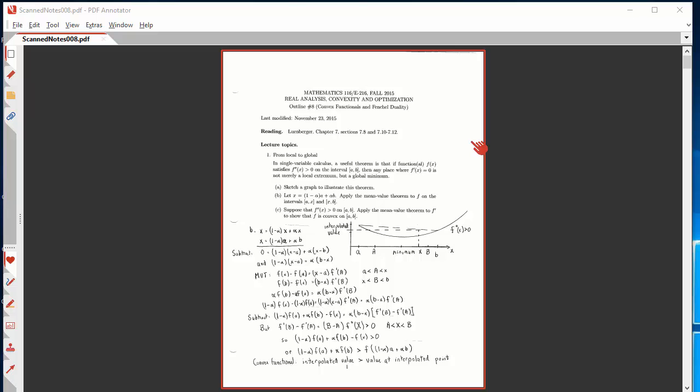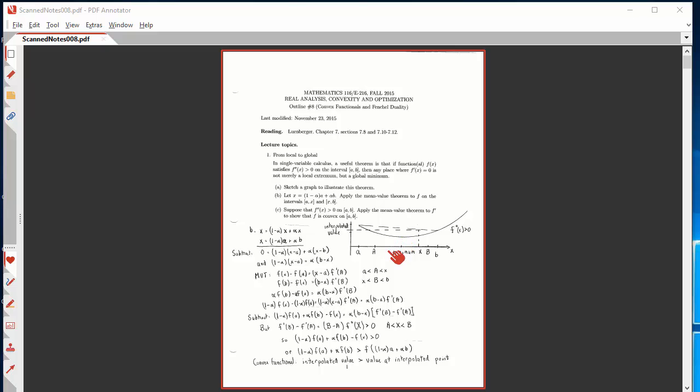What I'm going to prove is that for a convex functional like this, if the second derivative is always positive on the interval from a to b, then any place where the first derivative is equal to 0, such as that point, is not simply a local extremum, it's a global minimum.